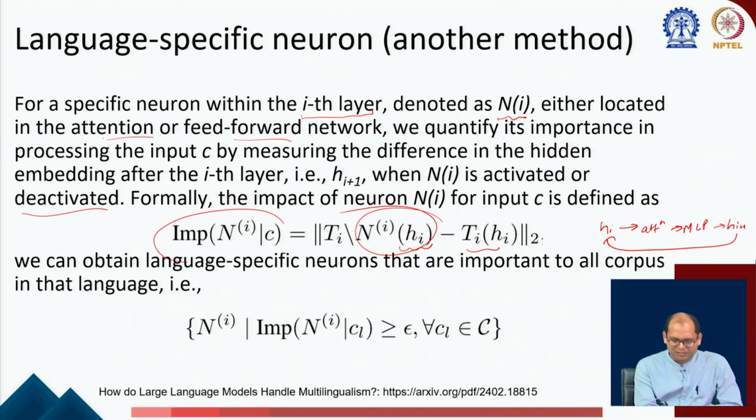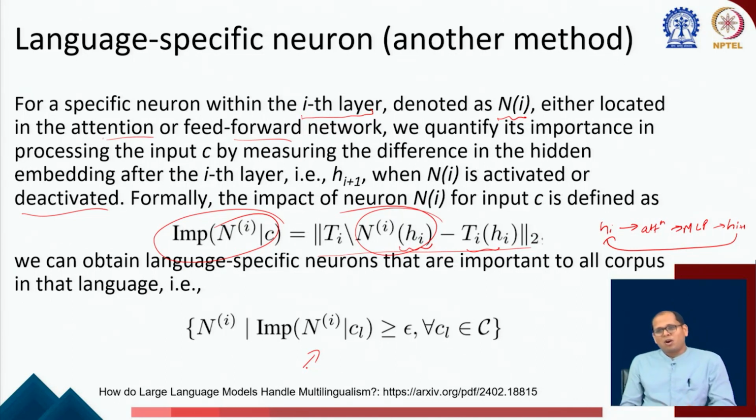That will tell the importance. This is just the absolute score. Now, if this neuron was specific to the language, this change would be above a certain threshold, right. If this was actually important for the language, by turning it off, I will see a huge difference across the representations from Hi and Hi plus 1.